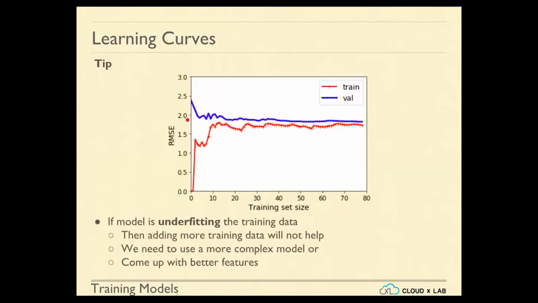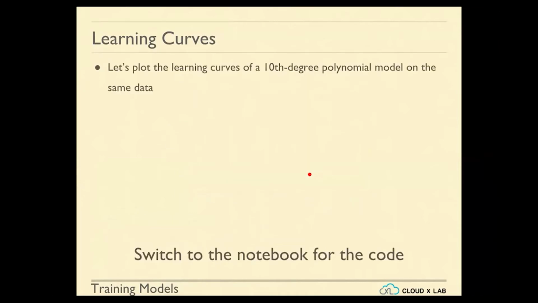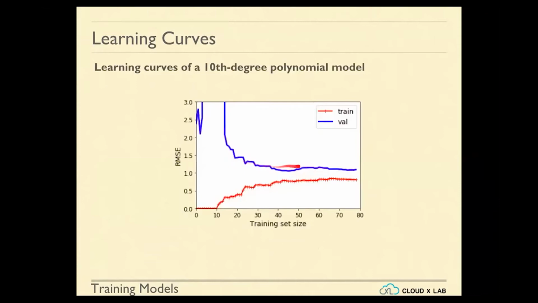The error was close to 1.9, probably, while here the error on the validation set is 1.4, correct? So you can see that by increasing the degree to 10, the error has come down on the validation set, but at the same time, it is also overfitting.